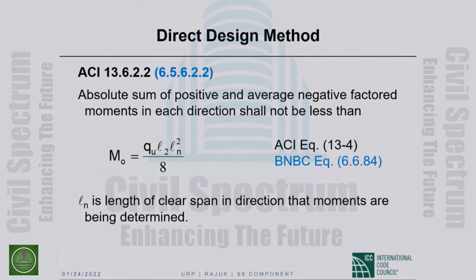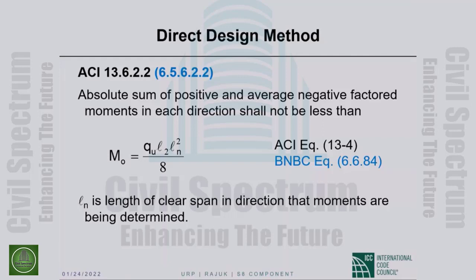So, load on the slab, you multiply that by L sub 2, you get slab load in pounds per linear foot in our units. And then L sub n squared, the clear span in the direction of analysis, squared, divided by 8.